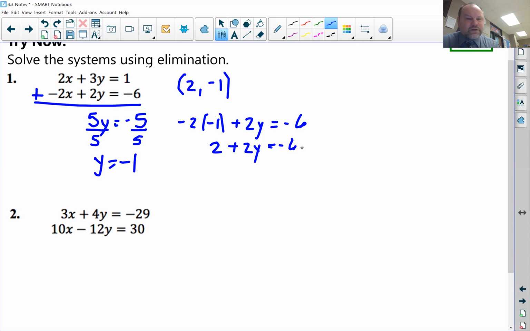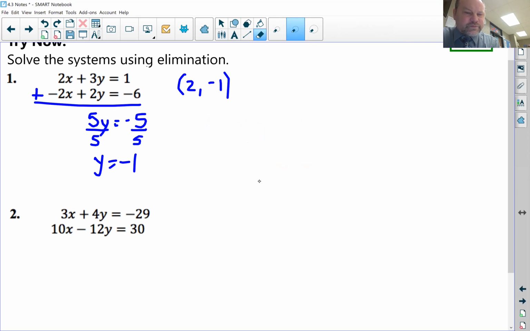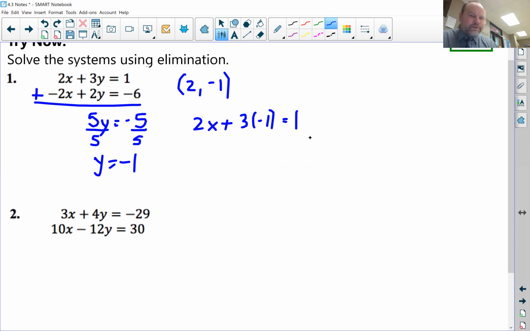Oh, let me try that again. I made a slight mistake. I want to plug -1 in for y, not for x. So it should be 2x plus 3 times -1 equals 1. You could put it in the other equation as well.